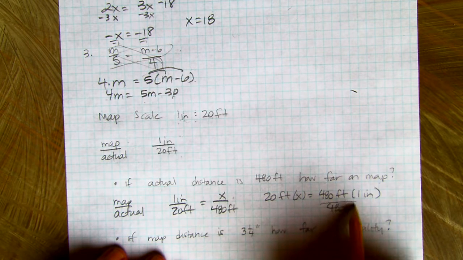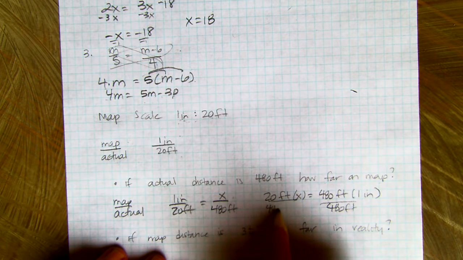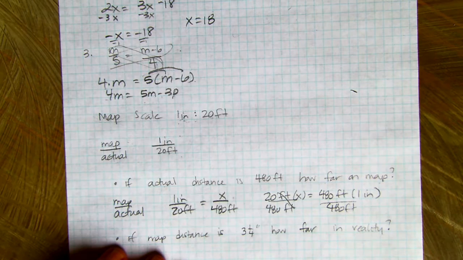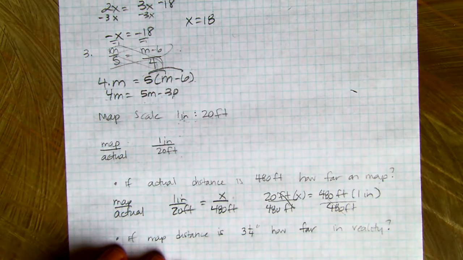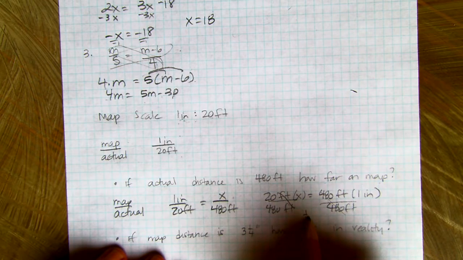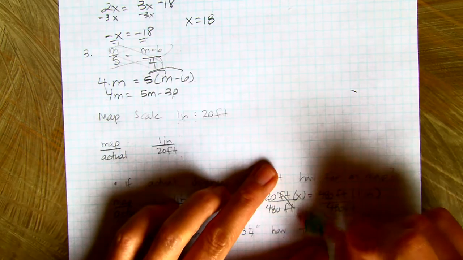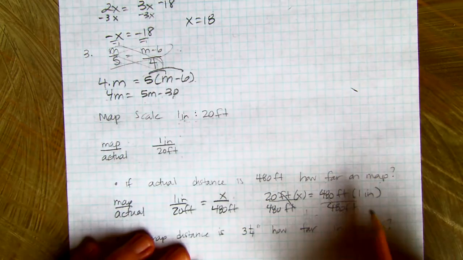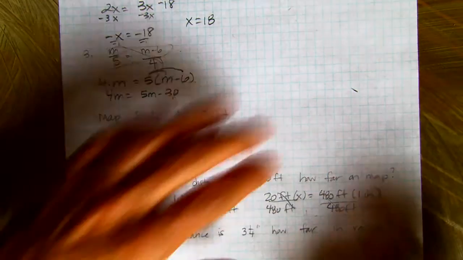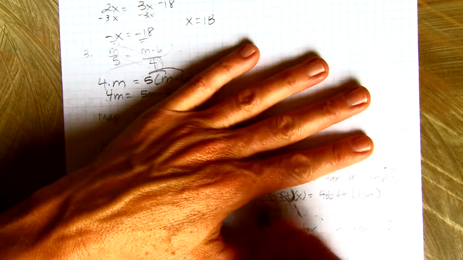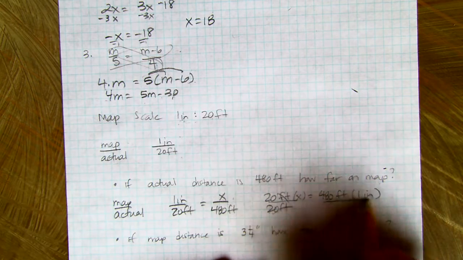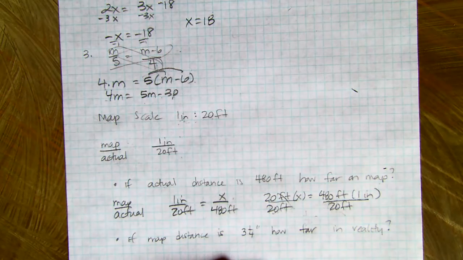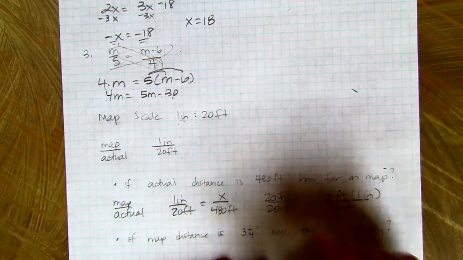And then when I divide by 480 feet, my feet actually cancel, and I would get 1/4. Whoops. It would be helpful if I did this correctly. Divide both sides by 20 feet. Teachers make mistakes too. The feet cancel.